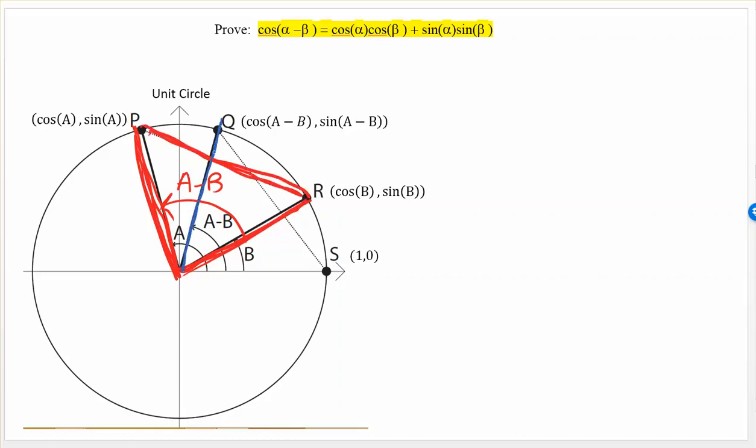Q is created by the angle measuring from 0, right here, to A minus B. So its central angle is also A minus B.